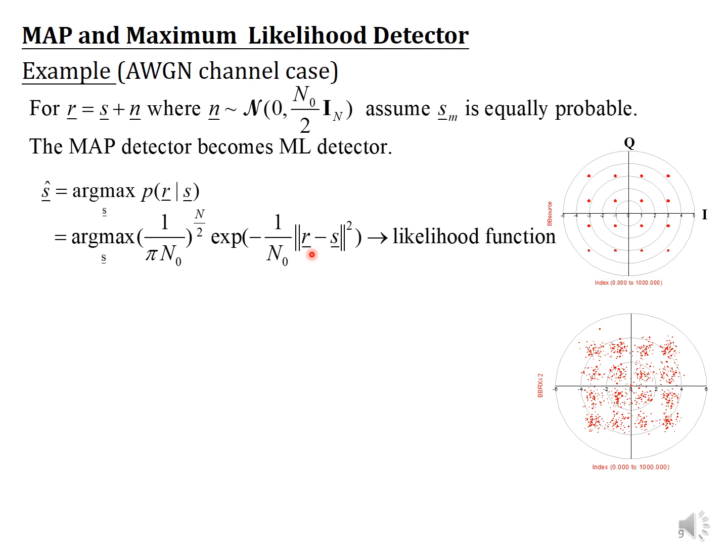Given R, and trying different S, we can find the probability. This value of R is available at the receiver, and we try different S.